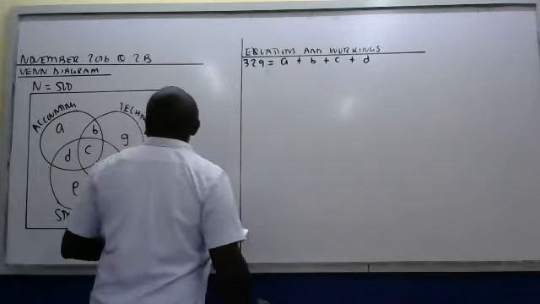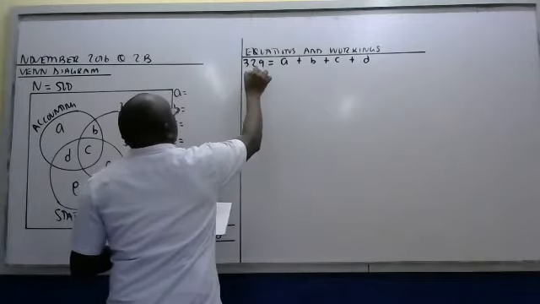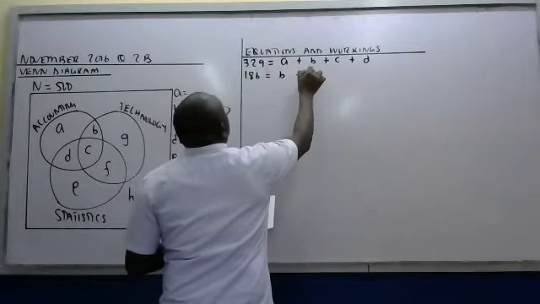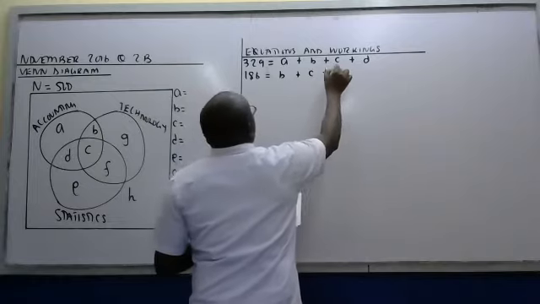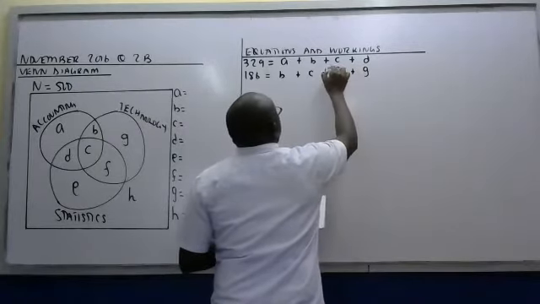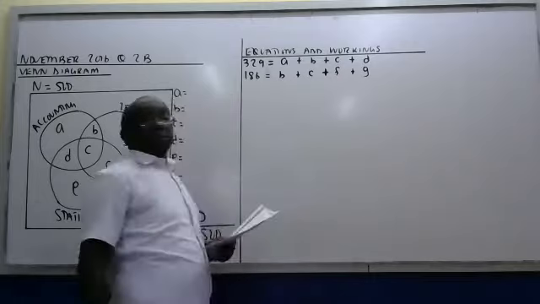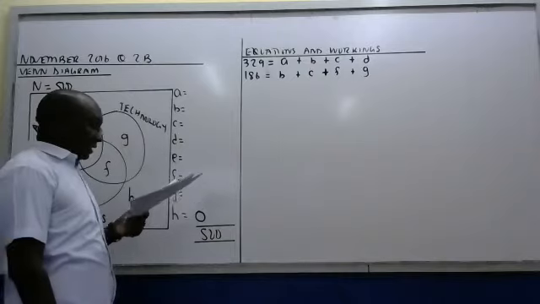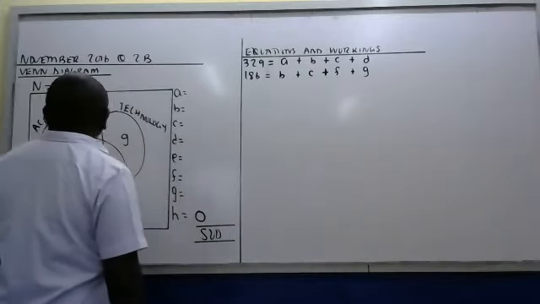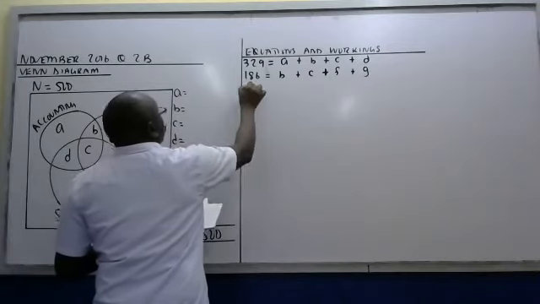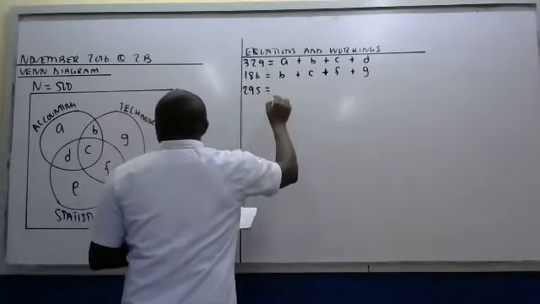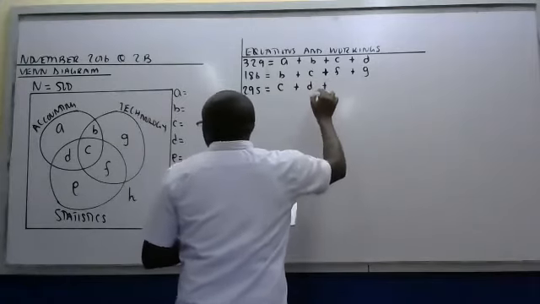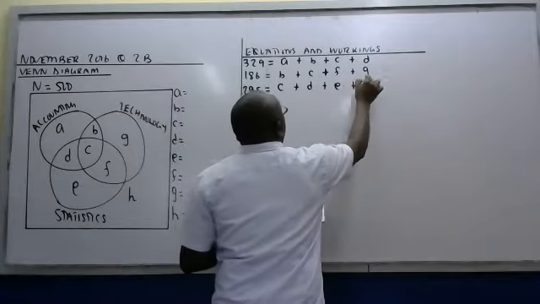So those who are inside technology is 186, so 186 is B plus C plus F plus G. Those who are enrolled in statistics are 295, so 295 is equal to C plus D plus E plus F.